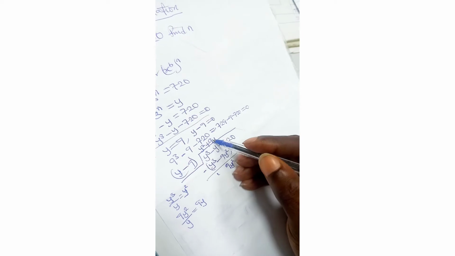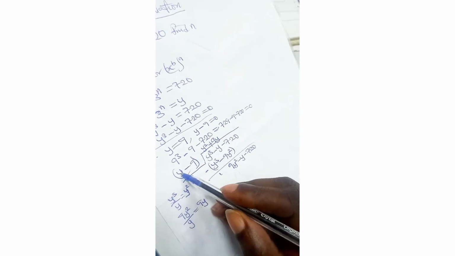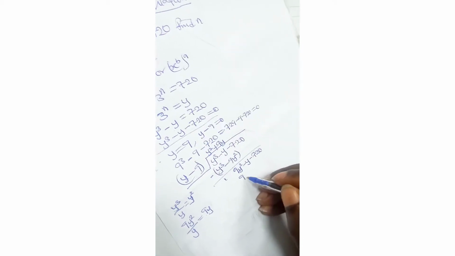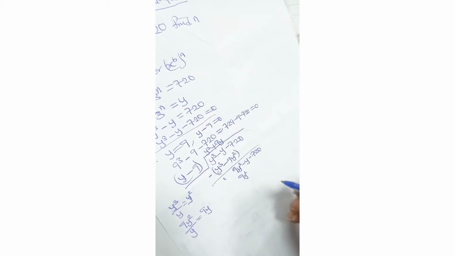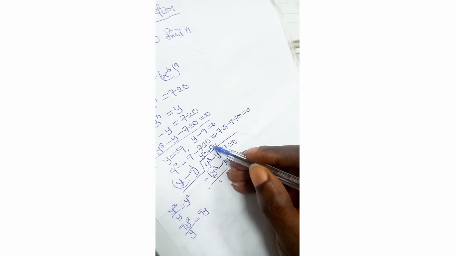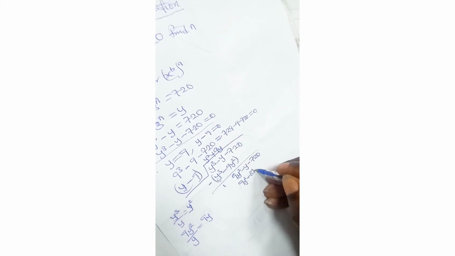Now the same thing applies to this. Having used y to divide this, we have 9y. Then we use this same y to multiply this, and you get 9y squared. Then this time, remember this is negative, minus 9 times plus 9y gives you minus 81y.